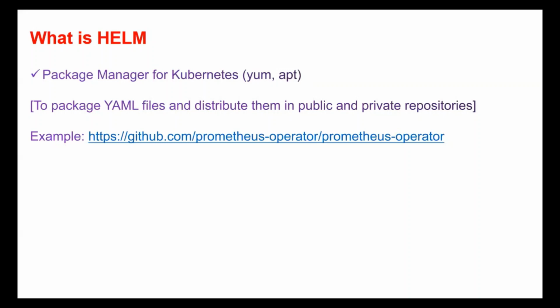To package YAML files and distribute them in public and private repositories. So whatever packages are available in the public and private repositories, which are basically bundled for the applications, we can download them from the Helm repository. So there is an example here.